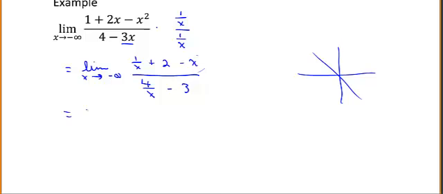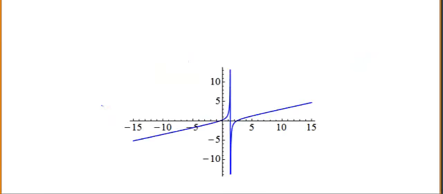I forgot about the negative 3 in the denominator. It would be like negative 2/3 plus x over 3, and x over 3 would be like this. So x will go to negative infinity. My mistake, sorry about that. And notice x is going to negative infinity.